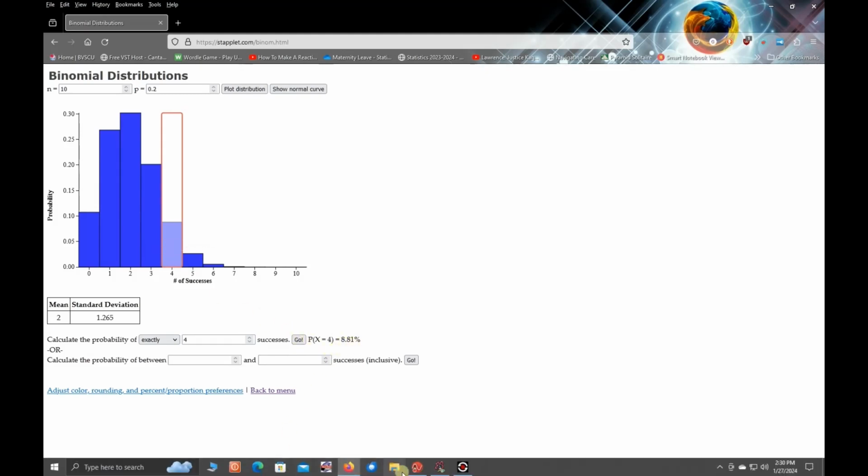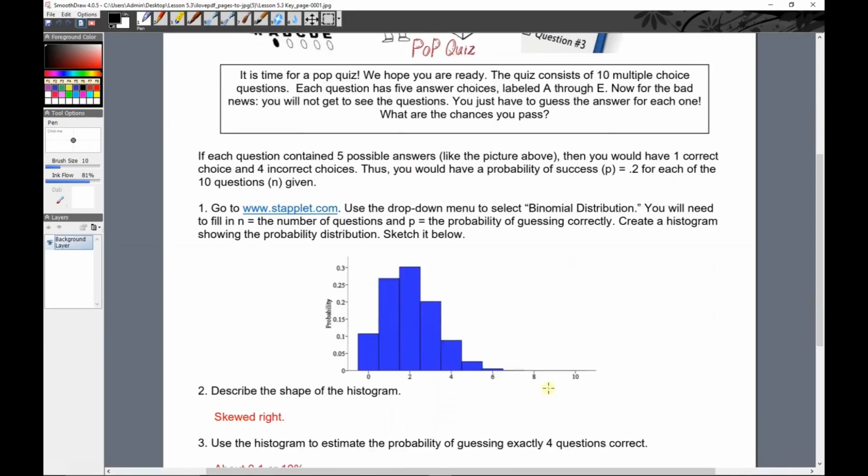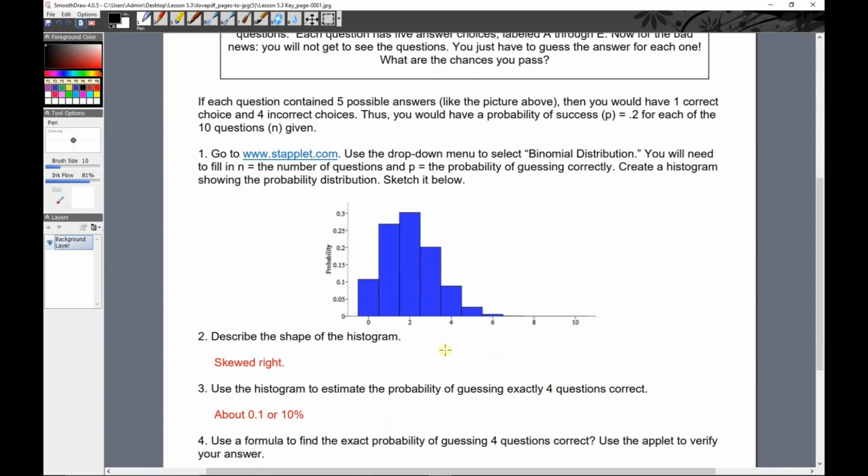Let's head back to the sheet and what's next. So they dropped in the histogram. We didn't draw it in class as we have not been doing because of the time factor, but I'm sure that you could copy that onto paper. So it is skewed right.